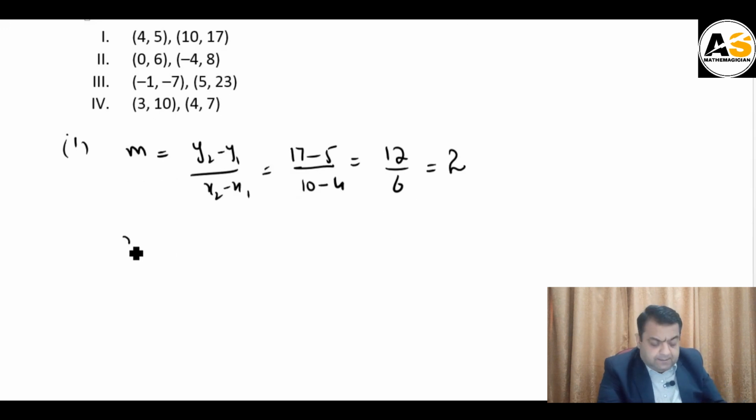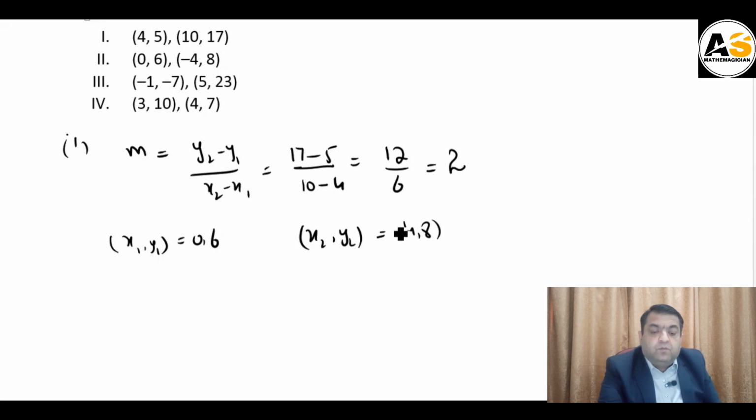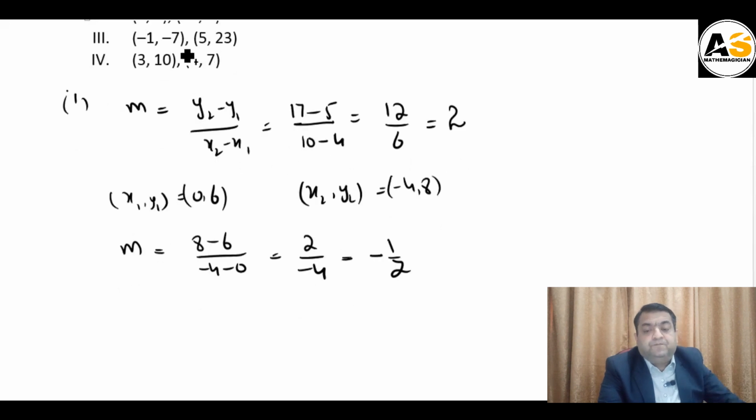For the second part, x1, y1 is equal to 0, 6 and x2, y2 is equal to minus 4, 8. So what will be the gradient? Put the values: y2 minus y1 over x2 minus x1. This will be 2 over minus 4, which will be negative 1 over 2.